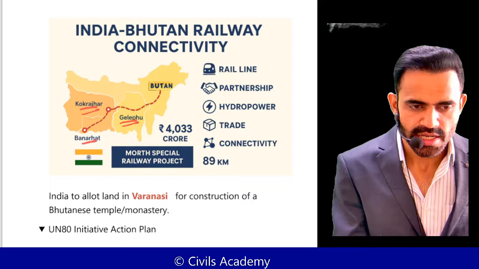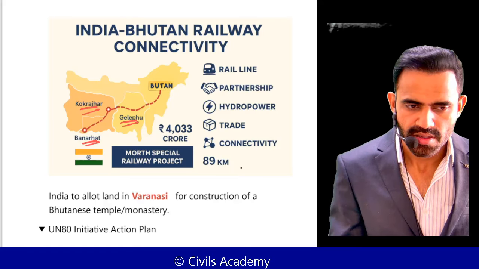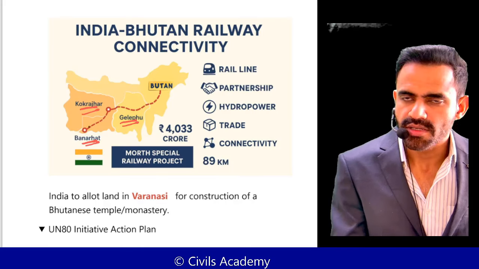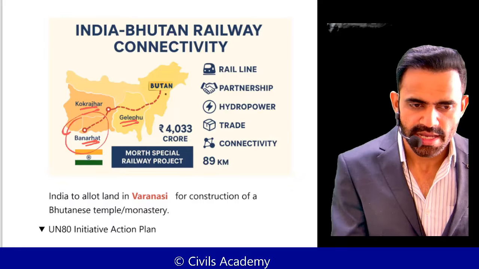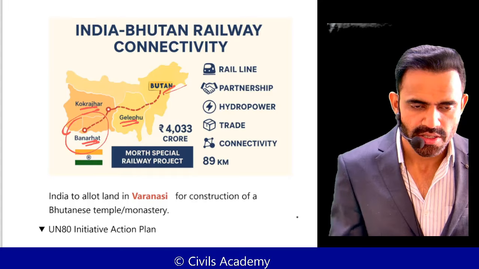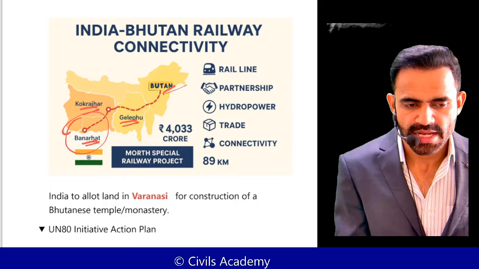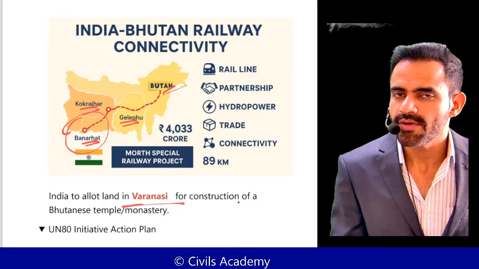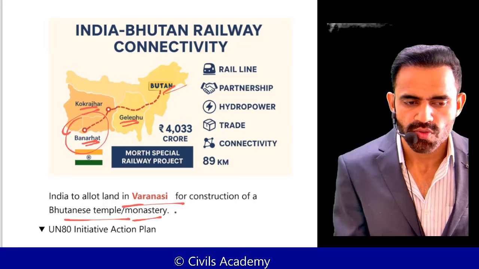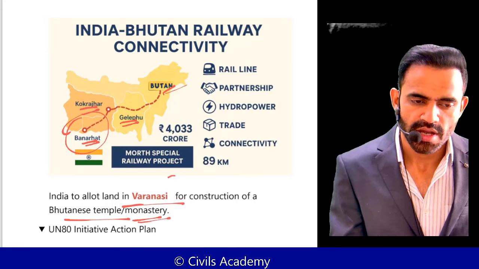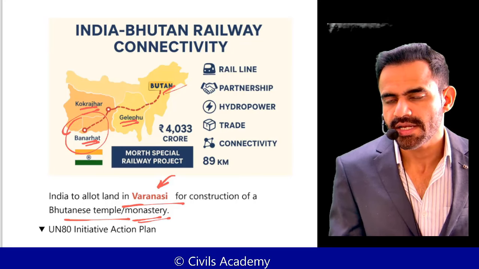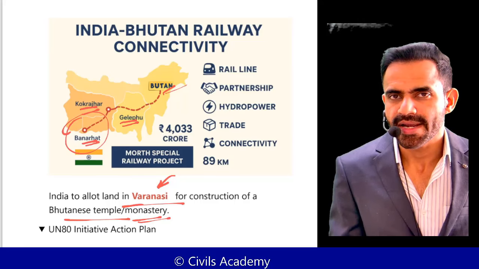This is Banarhat. So it is going to connect simply some areas of India to the areas of Bhutan. So this will improve connectivity. Apart from that, India is going to allot a land in Varanasi for the construction of Bhutanese temple or monastery. So again, the location can be asked that India have decided to provide land in this particular city.